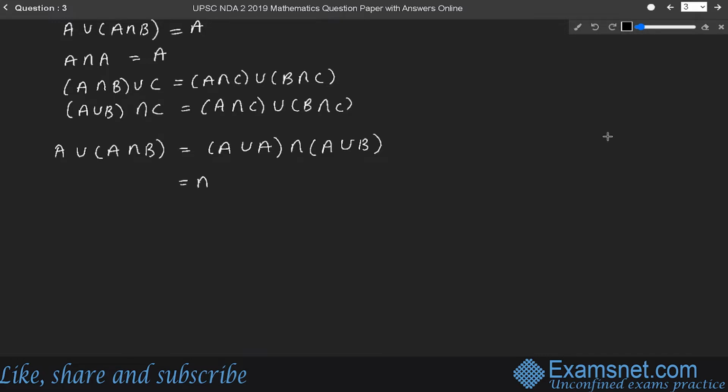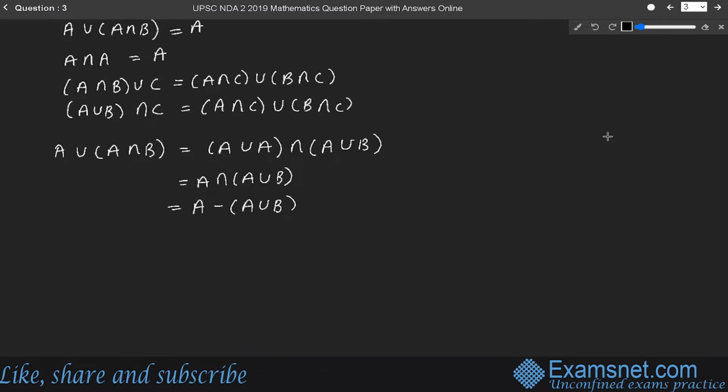So it will be equal to A intersection (A union B), which will be equal to A. So using the two properties which we have written above, we can say that option A is not correct.